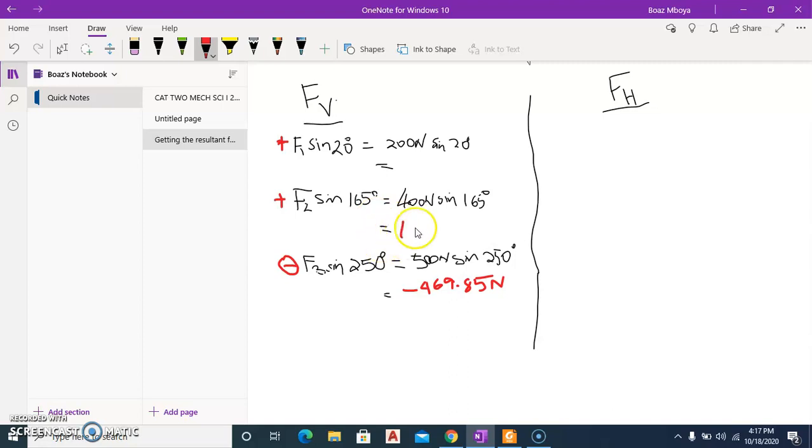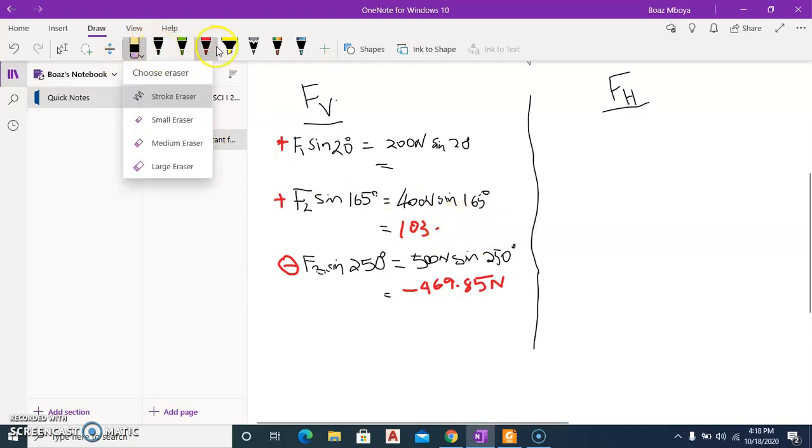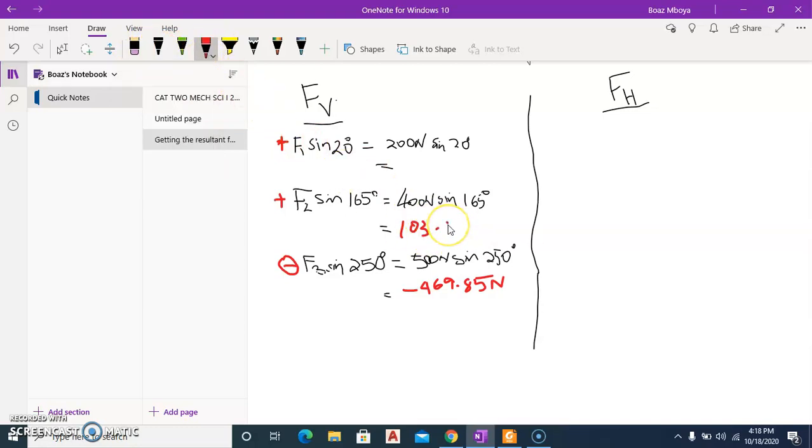That gives us 103.52. So this should be 53 if we round it off. Yes, 53 newtons. And let's see this one, 200 sine 20. So we have 68.4 newtons.